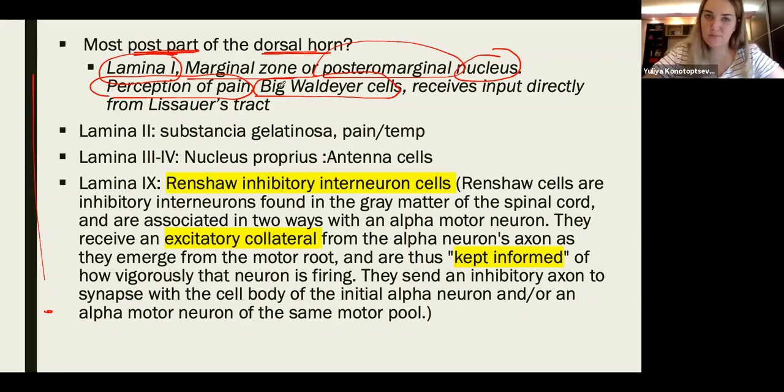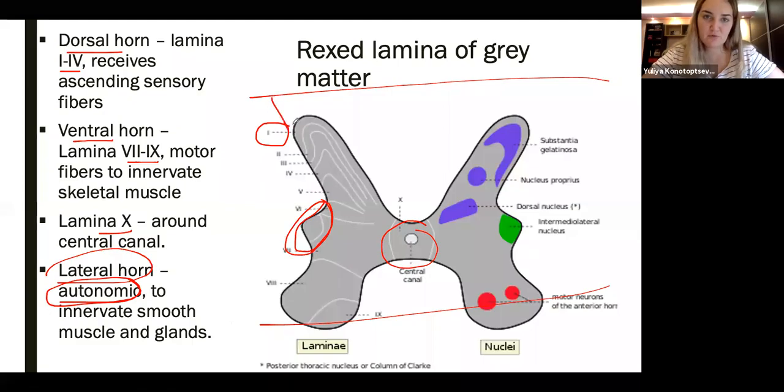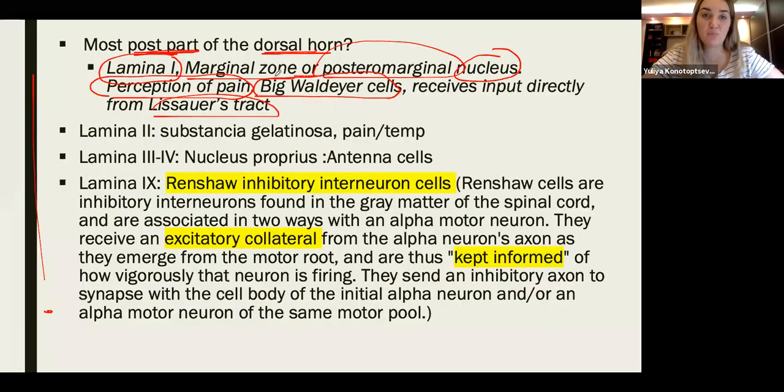Who provides big Waldeyer cells with the pain information? Lissauer's tract, right? You remember somewhere here there's going to be Lissauer's tract. Lissauer's tract consists of the axons of the sensory neurons, which are coming in this way to synapse with the interneurons. So if they ask you about the big Waldeyer cell, which kind of neuron is it?